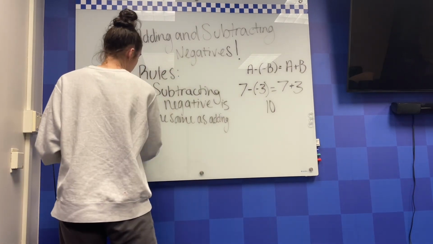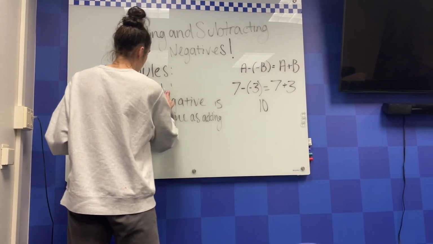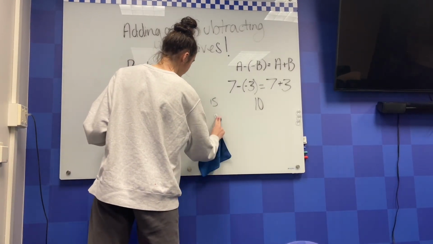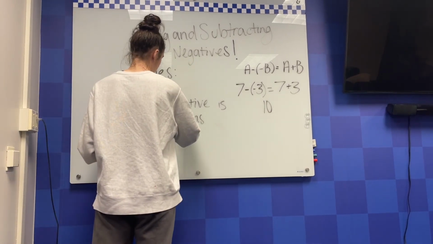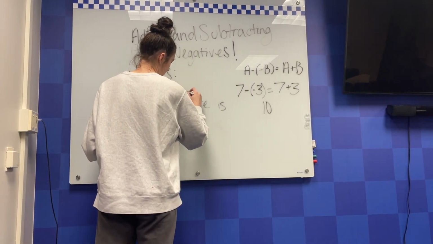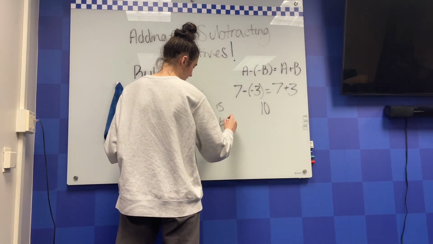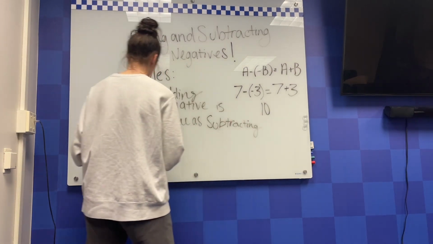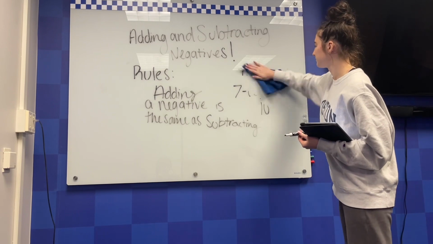The next rule is the opposite. So it would be adding a negative is the same as subtracting. So then, some examples of this.